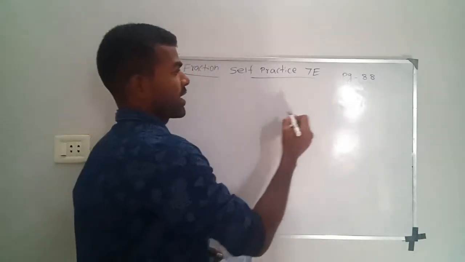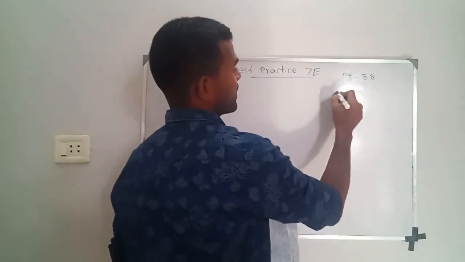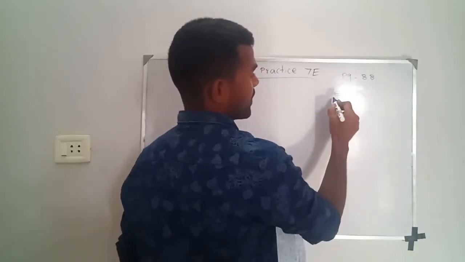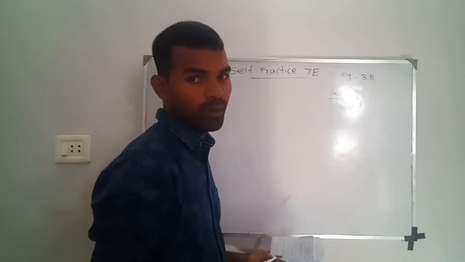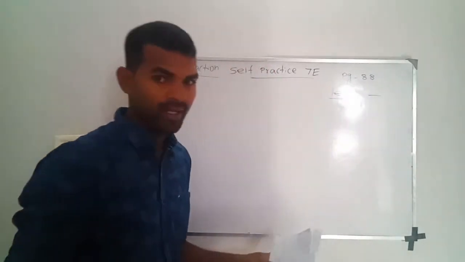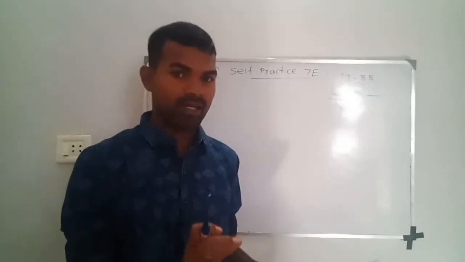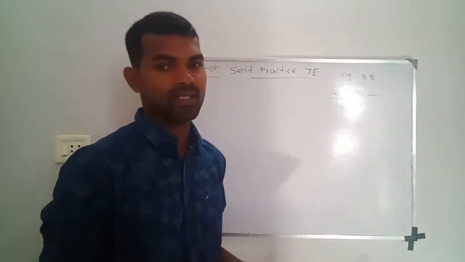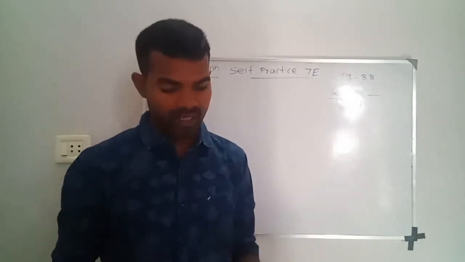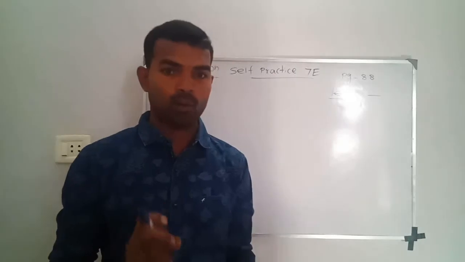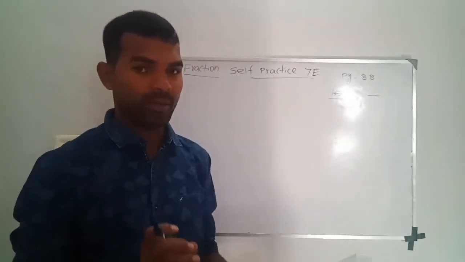The question is asking about what is left. If a question says left, you know what that means: subtraction. Wherever the question says left, it is a subtraction question. Left means subtraction.